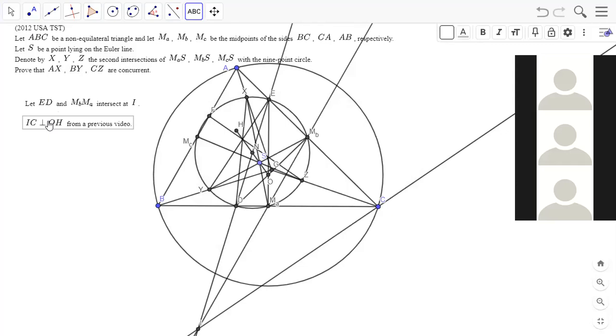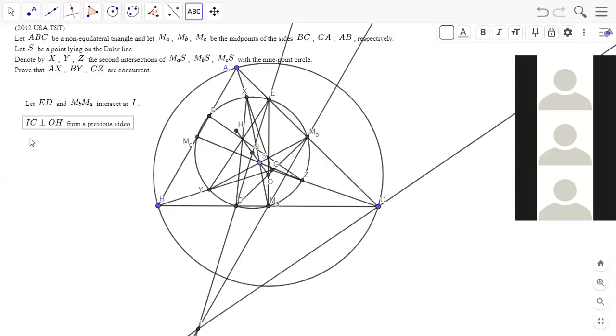And then by Brocard's theorem, IC is the polar of S with respect to the circle. So the Brocard theorem would go like this.